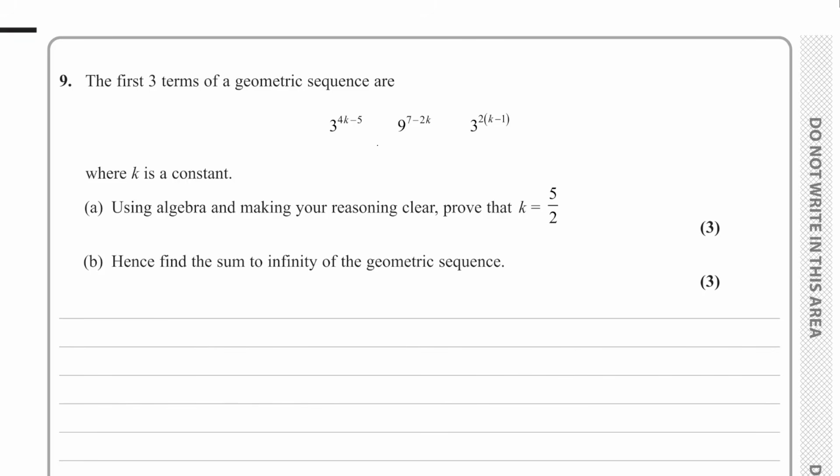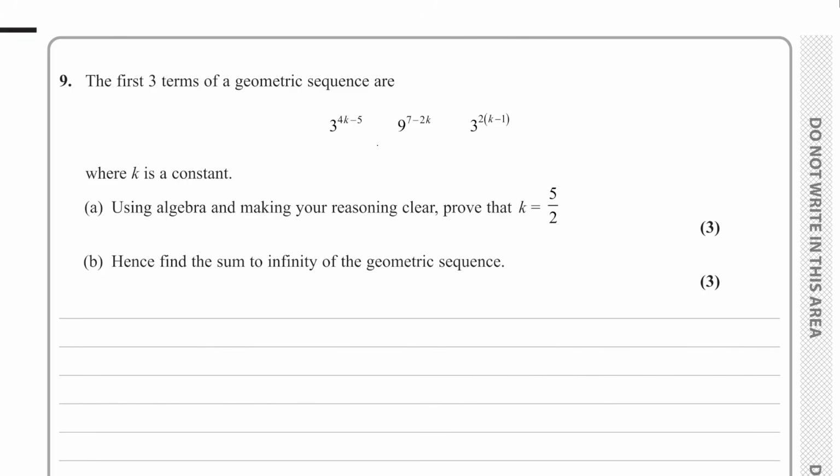So to go from one term to the next term of a geometric sequence, we times by a common ratio. So if we divide the second term by the first term, we should get the common ratio. If we divide the third term by the second term, we should get the common ratio.